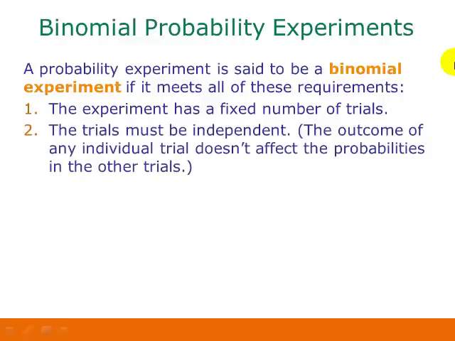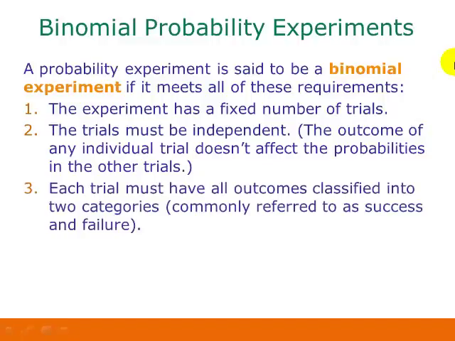The second requirement is that the trials have to be independent. That means that the outcome of any one individual trial doesn't affect the probabilities in the other trials. The third one is that each trial must have all outcomes classified into 2 categories, and we usually refer to these as success and failure.